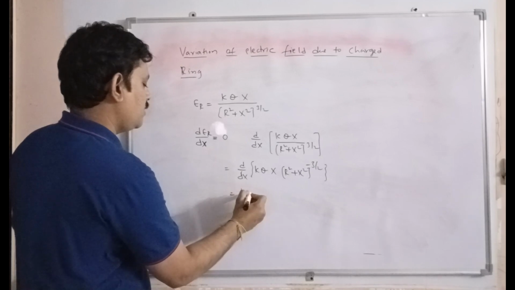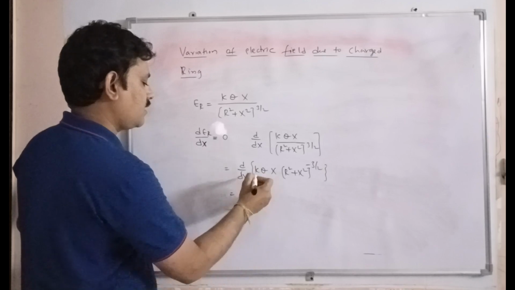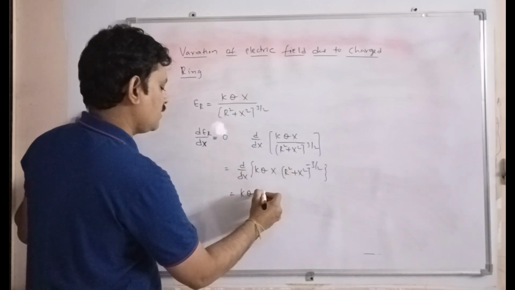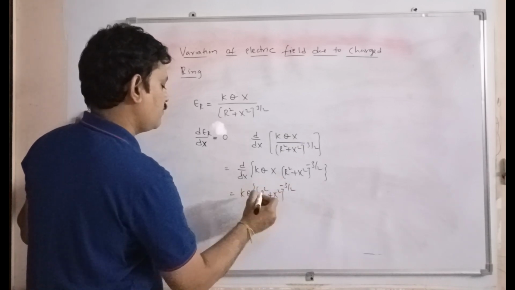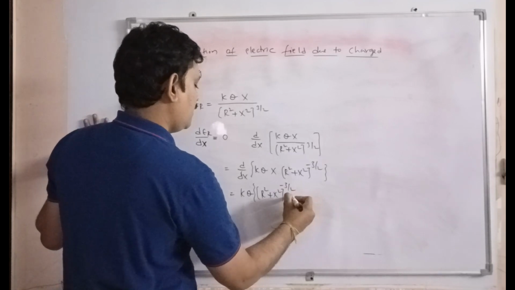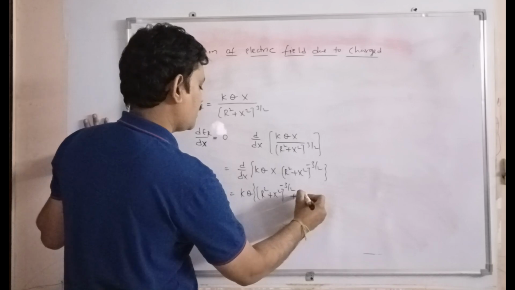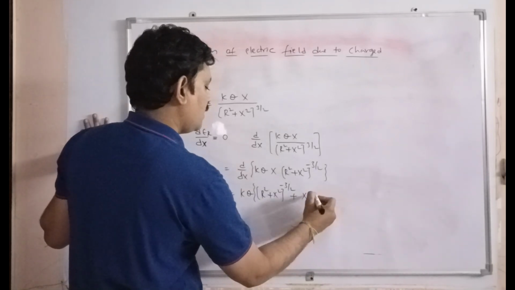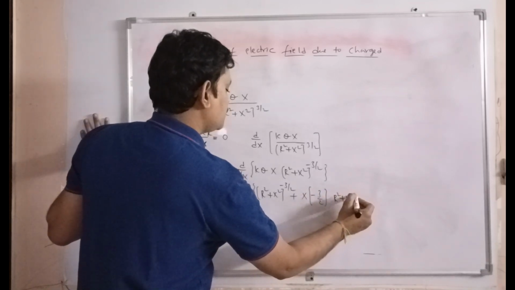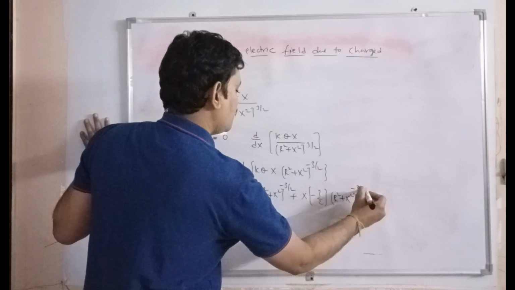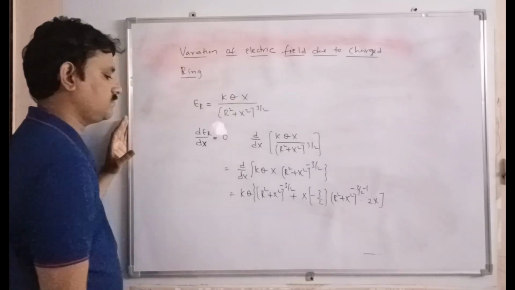Then kq into, if you differentiate the factor, initially differentiate x, which gives r square plus x square whole power minus 3 by 2. Next differentiate the r square plus x square whole power minus 3 by 2 factor. So x into minus 3 by 2 into r square plus x square whole power minus 3 by 2 minus 1 into the differentiation of x square, which is 2x.